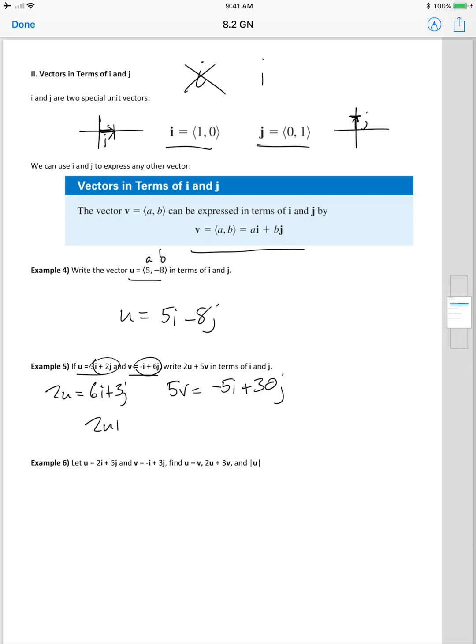And then 2u plus 5v, I add them together. So 6i minus 5i is 1i. 4j plus 30j is 34j. And that ends up being my answer.